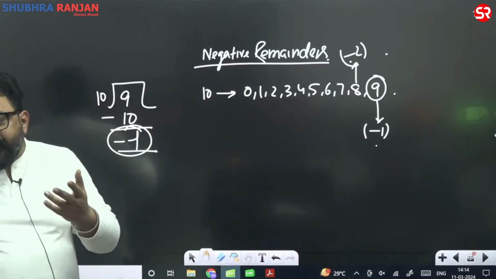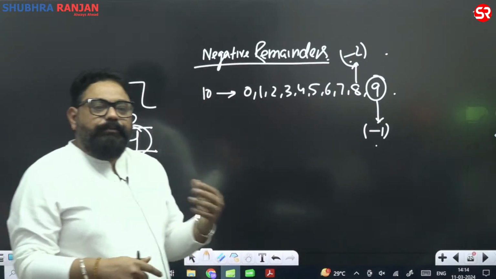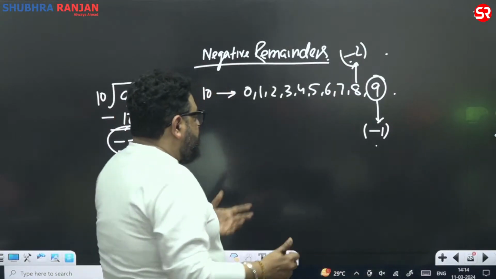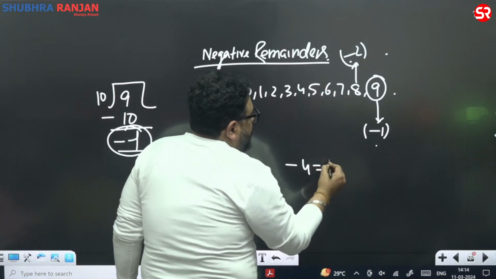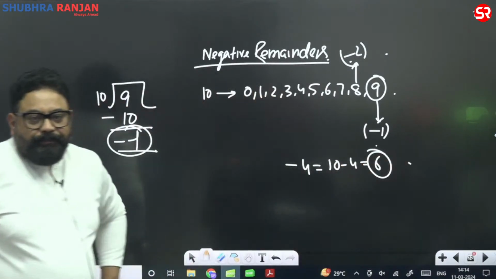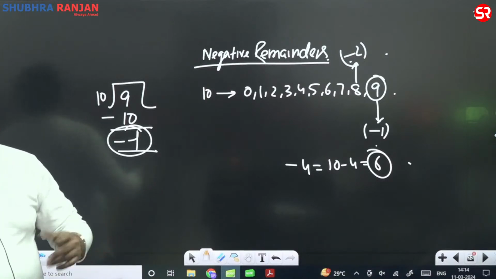So if somebody tells you that when you divide a number by 10, the remainder was minus 4, they basically want to say the remainder was 10 minus 4, which is equal to 6. This is the implication of negative remainders.